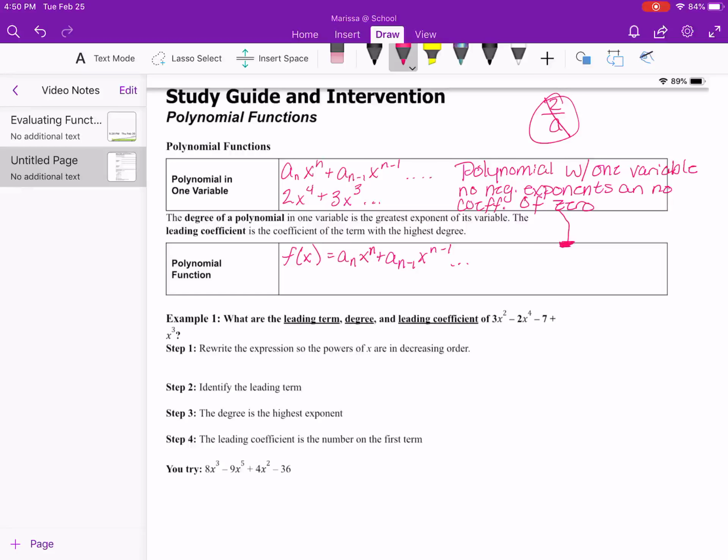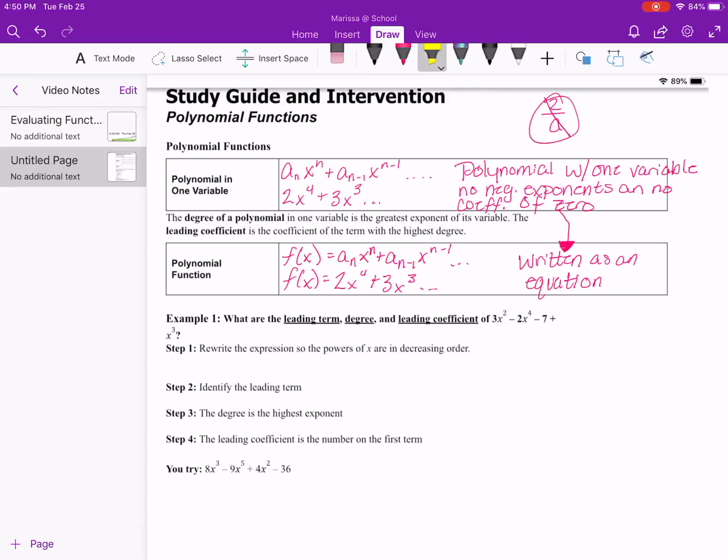You just have to make it an equation. Otherwise, everything is the exact same thing, copied word for word. So that's why I just drew this fancy little arrow here rather than rewriting everything. So it'd just be like f of x is equal to 2x to the fourth plus 3x to the third, so on and so forth.